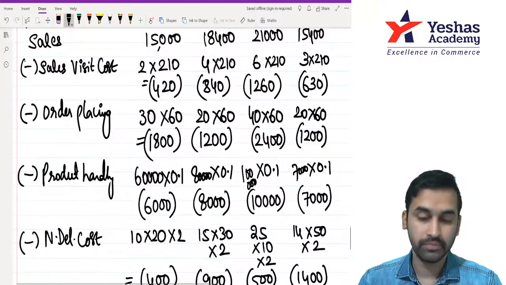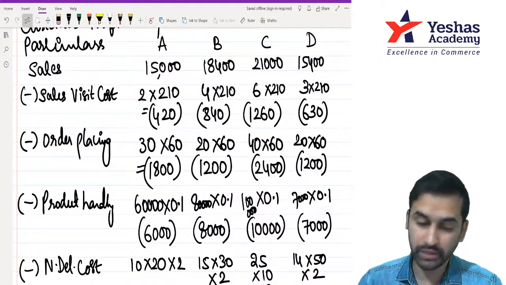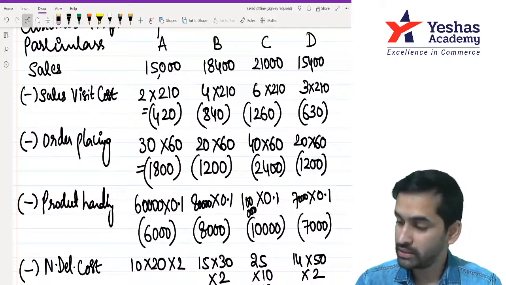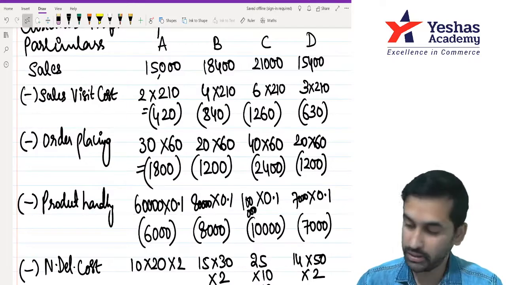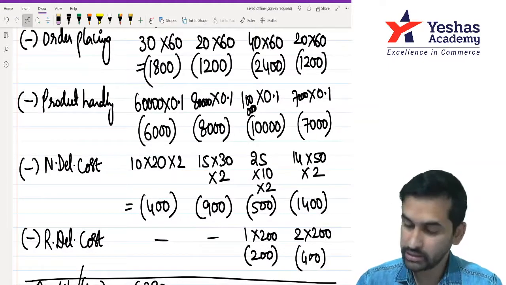Next, second customer: 18,400, that is sales, minus 840 minus 1,200 minus 8,000 minus 900.